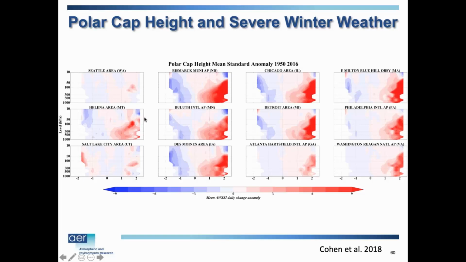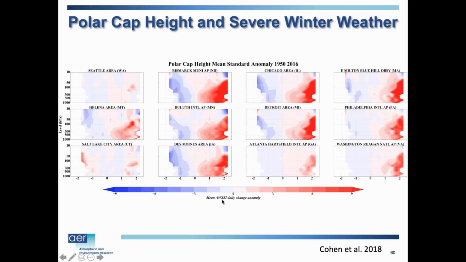Here's the relationship between polar cap heights and severe winter weather. The temperatures of the heights are at the bottom, going from cold to warm, and the shading is the severity of winter weather. I've taken this from Barbara Mayes Bustad, who's in the Oklahoma office of the National Weather Service.